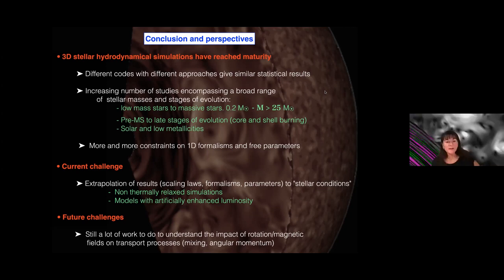I think I understand, yeah. All questions make sense. It's only the answers that do not make sense sometimes. But I think the metallicity in the 3D simulations, you can decide what metallicity you want to study. For example, there are studies of convective cores for solar metallicities and studies of convective cores of low metallicities.